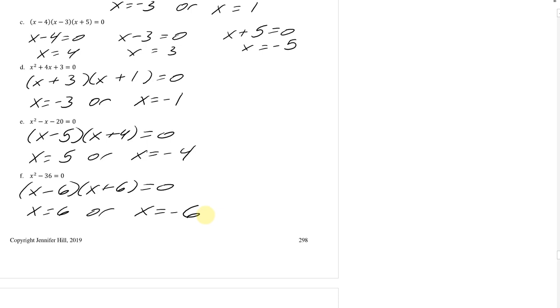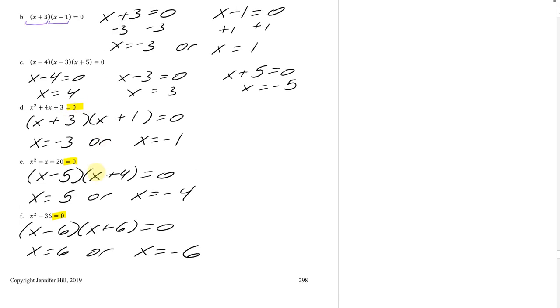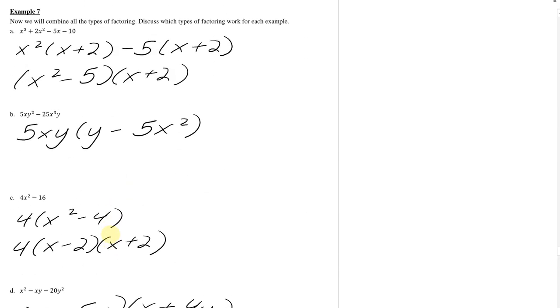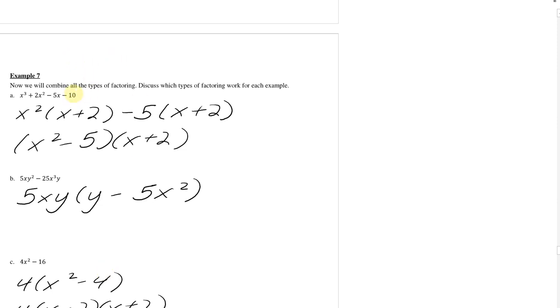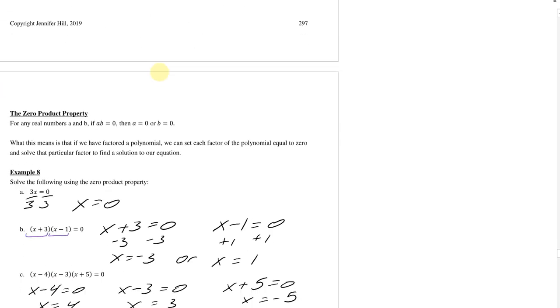Now, I just want to point out one thing before I go any farther. Notice the difference here. These all equal 0. That's why we're solving here, right? In the previous examples, what we were doing before, there was no equal sign, right? It was just factor this and that was that. So there's a very subtle difference between this type of problem and the ones on the next page.